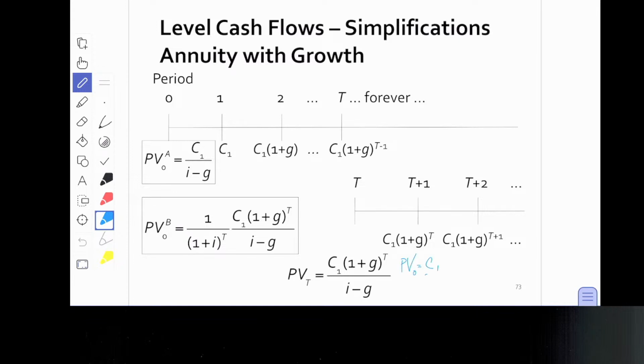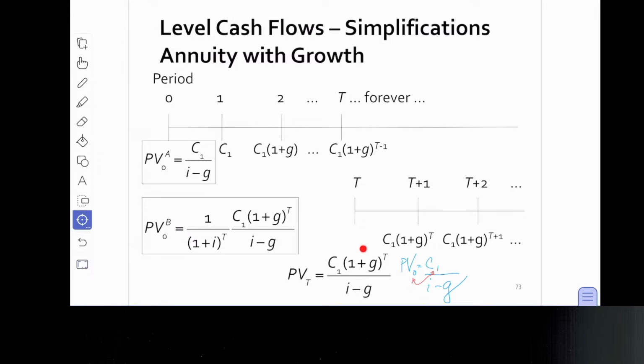So this is the formula I taught you, but it's happening over here. So we're going to use the same approach. The only difference, I'm not at 0, but I'm at T. So I have to get the next cash flow. That's basically what you have to see, that it's the next one after 0. The pattern lets me still use the same formula, okay? So that they're separated by one period.